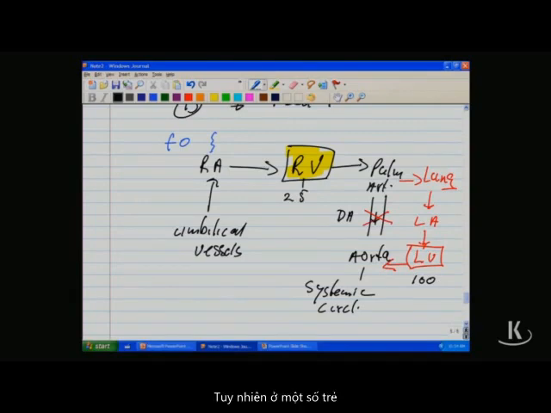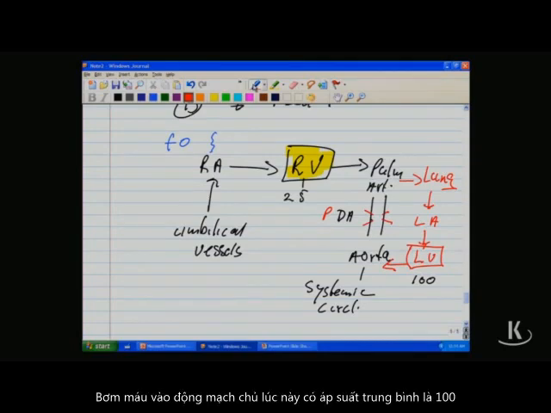In some children, however, the ductus arteriosus remains patent. In other words, it does not obliterate. It stays open. Now, what do we have? We have the left ventricle assuming its role as the main pump, pumping blood into the aorta, which now has a mean pressure of 100.